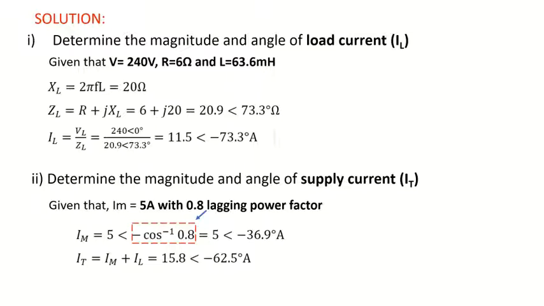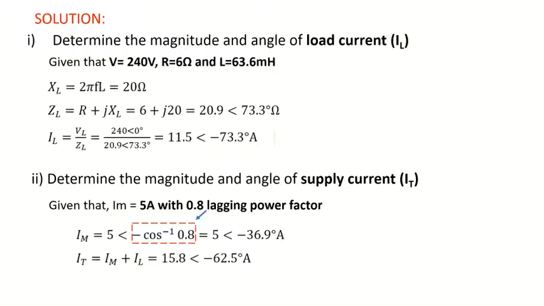The next question: determine the magnitude and angle of the supply current IT. If you see back to the figure in the question, IT is the summation of IL plus your IM.